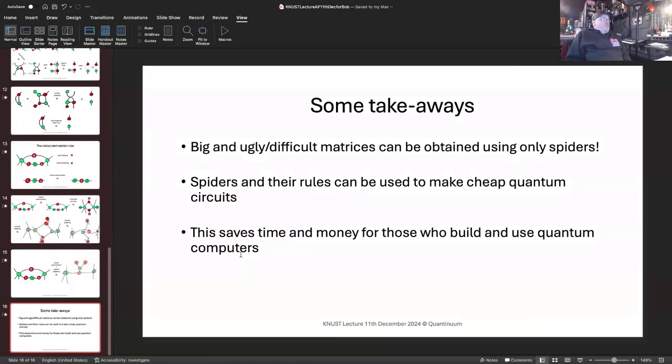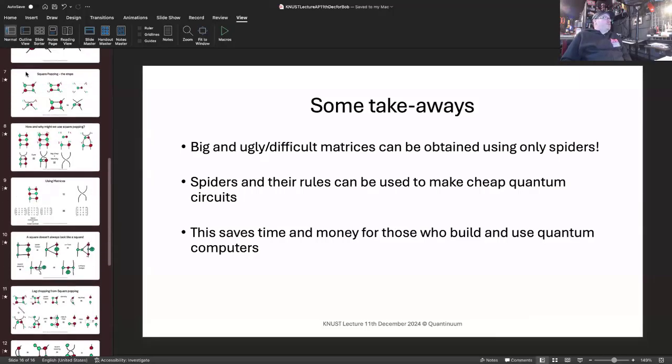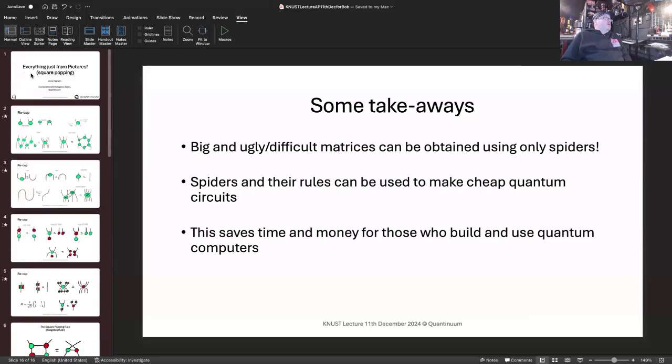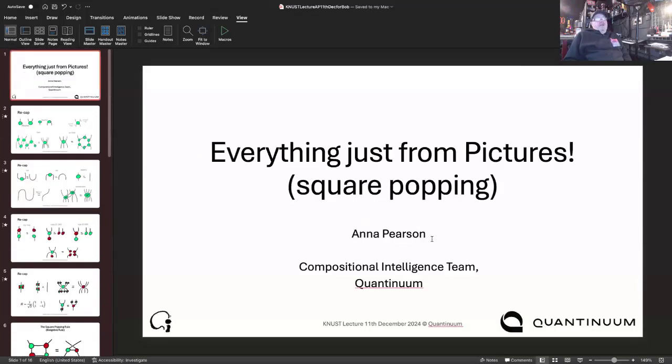Now, the main point to take, if you go to the first slide here, is everything just from spiders, everything just from pictures. You actually need to take this literally: any equation you can derive using matrices and all that, you can derive using pictures. So that's the bottom line here.